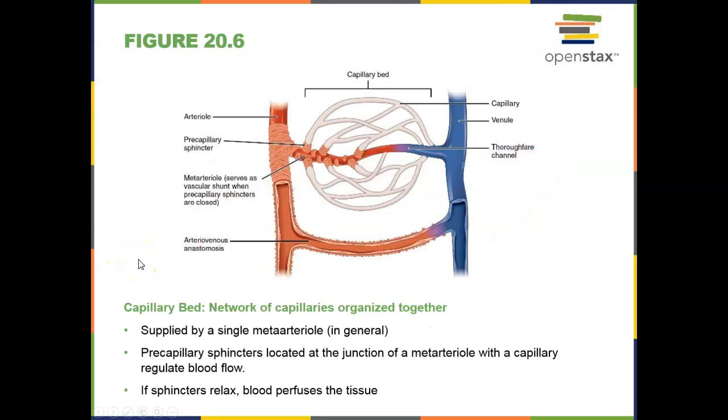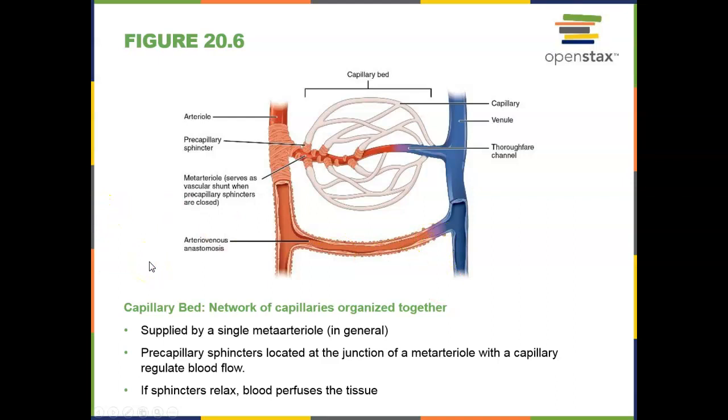So capillaries don't just feed, we don't just have one capillary feeding a specific area. Capillaries lie in what we call beds. So there are multiple capillaries that feed a given body region. A capillary bed has a meta-arterial that comes off of the arterial. So you can see here's our arterial, over here we have the venule, and then this is a meta-arterial that feeds the capillary bed, and it leads to the venule.